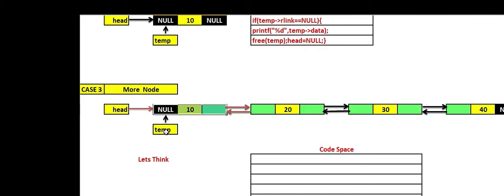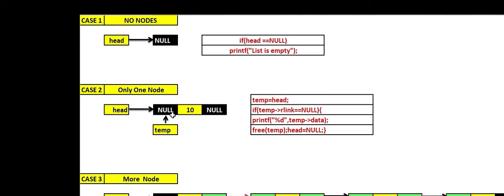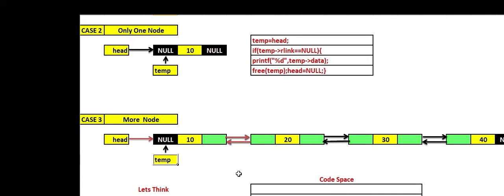And before that, you should point temp to head, right? So in the beginning of the function, temp is equal to head should be done. Once it is done, you are moving your head from the first node to the second node.